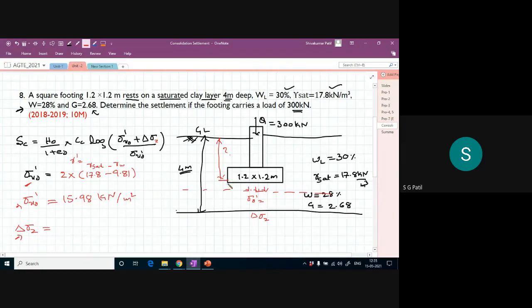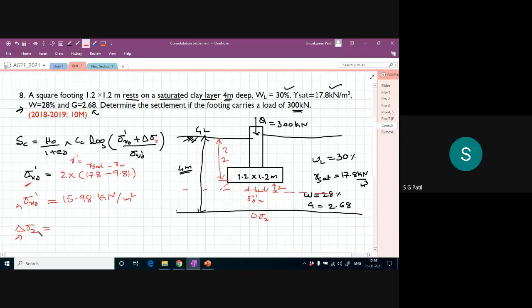Let us use the approximate method. This is my Z. They have not given this depth, so it becomes a problem to calculate the Z value. Assuming this value is around 2 meter, my Z is 2 meter.